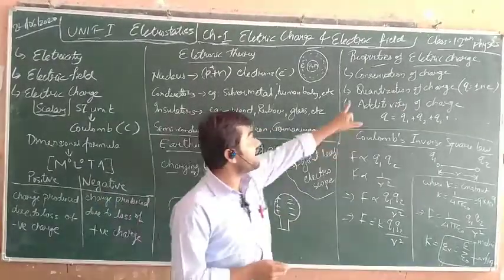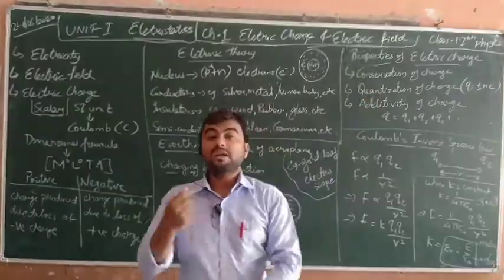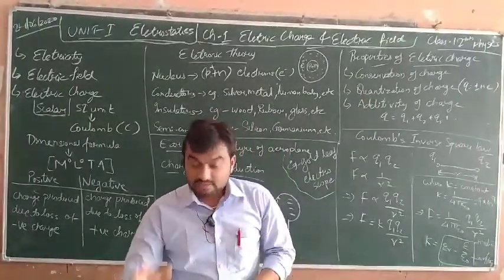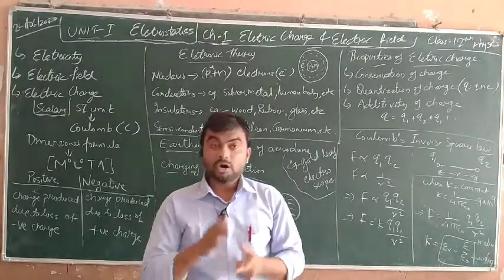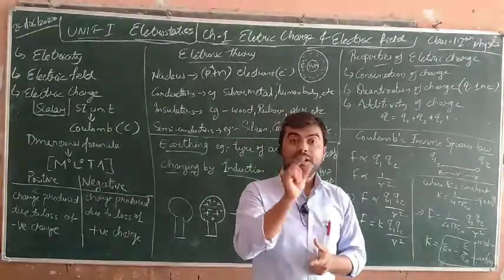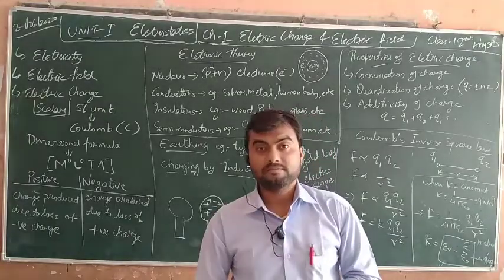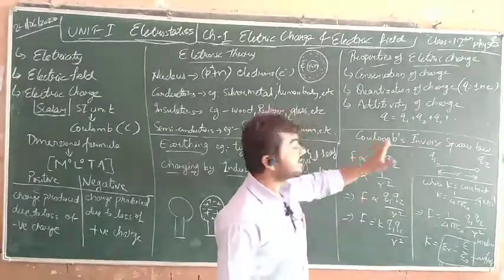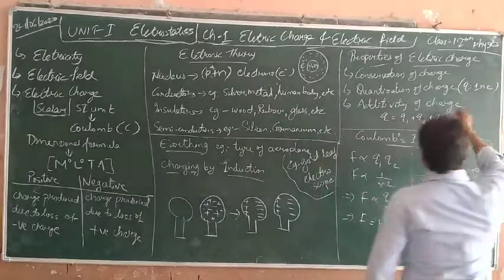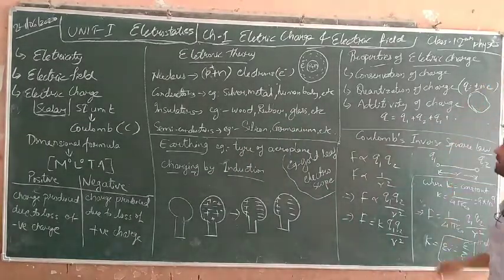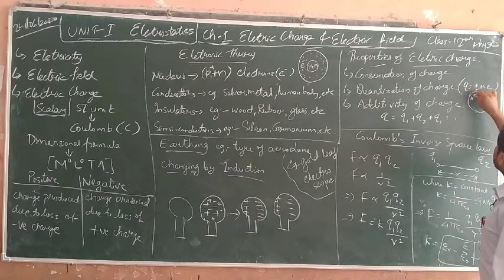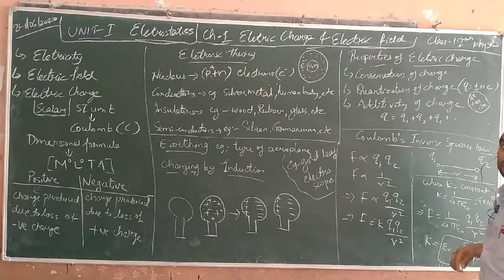Now secondly, we have quantization. Quantization means that the charge present on a body is always an integral multiple of the basic charge. Suppose you take a substance and it has some charge like plus e, plus 2e, minus 3e.